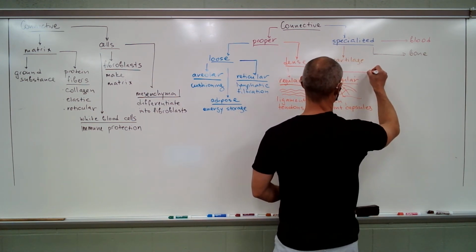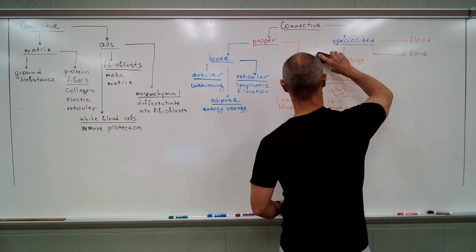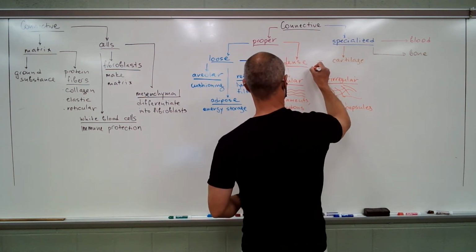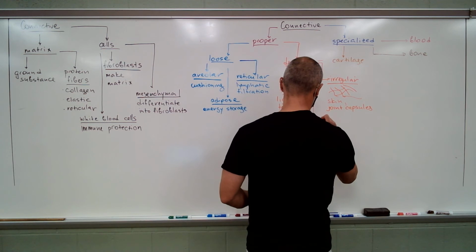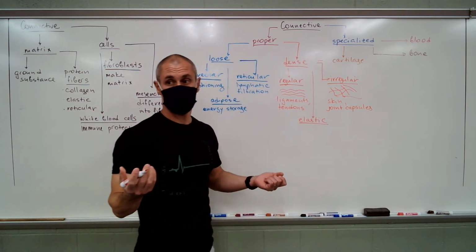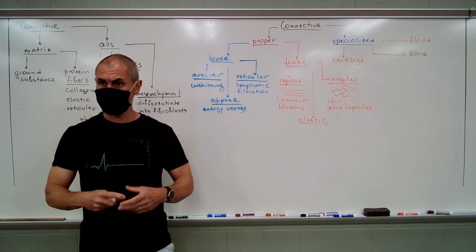And finally, I have no place for cartilage, so we're going to pull it down. We're going to stick this one down here. It's dense elastic connective tissue. The term is kind of self-explanatory, right? So it can stretch and recoil.